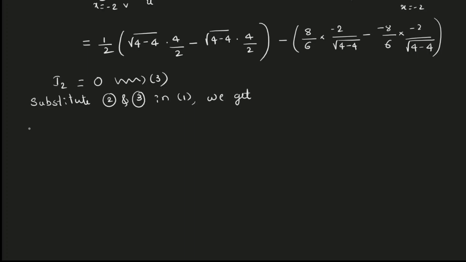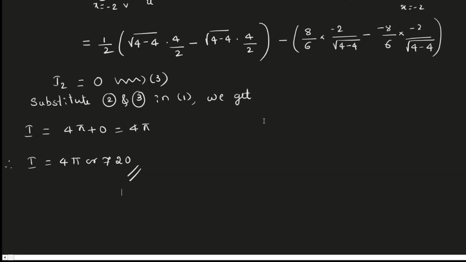Whenever you are asked to evaluate, you simply perform like this. If you are asked to evaluate this by changing the order, we'll see in the next part. But from both the methods, the answer will be the same. You are getting the same answer, right? 4 pi only.